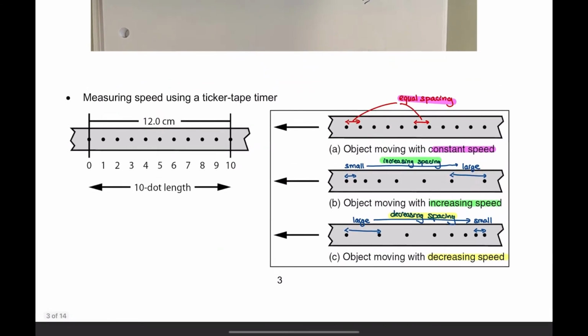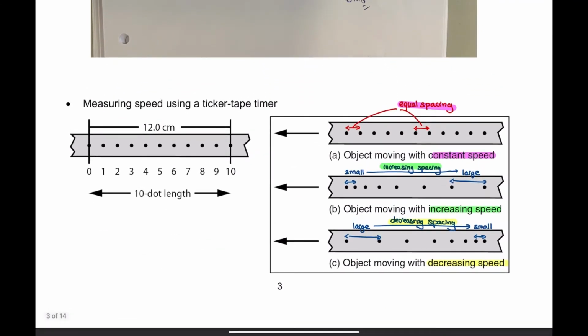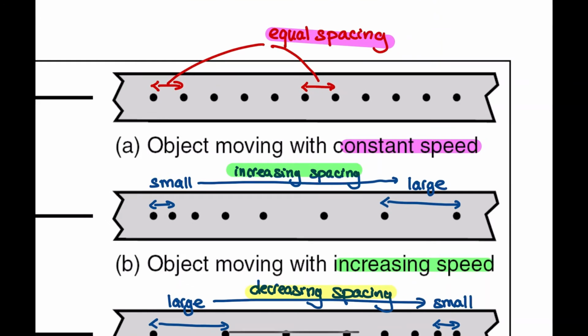A ticker tape is something that hardly comes out in the syllabus, but I think it's important for us to know how we view it. If an object has equal distance at the first second, I am here, my second second I'm here, third second I am here, fourth second I'm here, fifth second, sixth second, you can see that the distances in between are all equal.